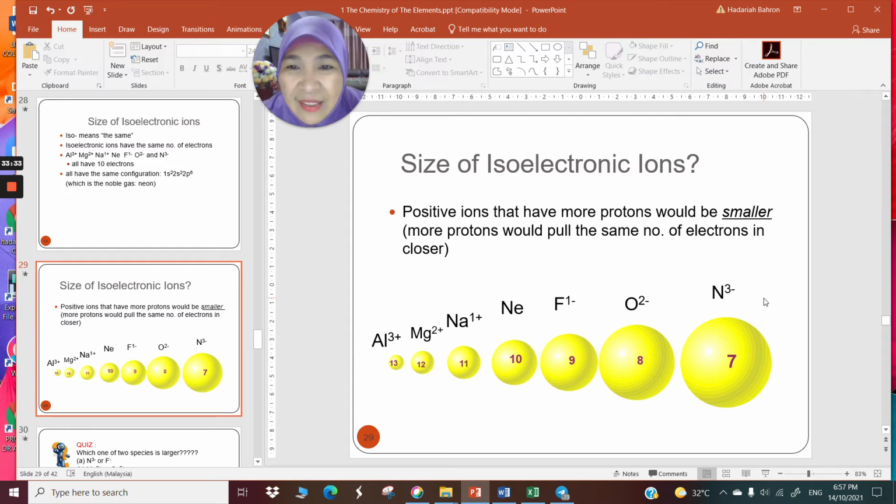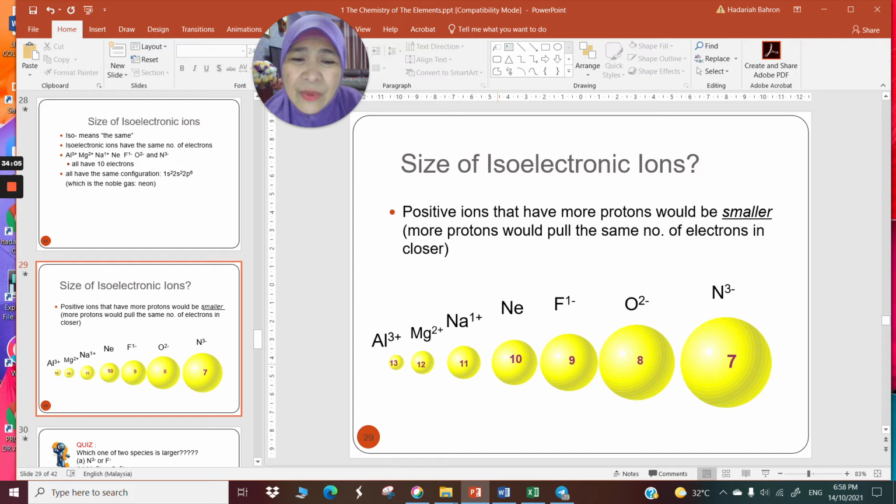So the bigger the nuclear charge, the more pull it will exert on the electrons outside. So you have the largest nuclear charge for aluminium, but the same number of electrons outside. So aluminium 3 plus is the smallest, followed by magnesium 2 plus, then sodium plus.